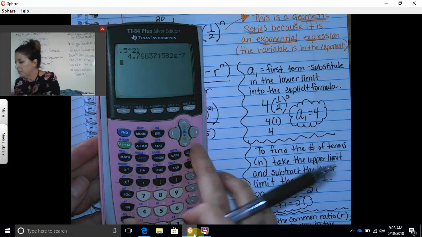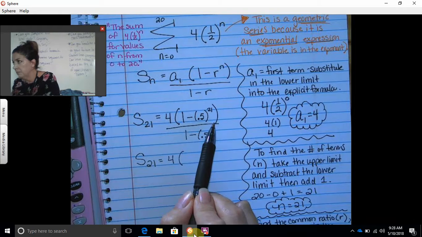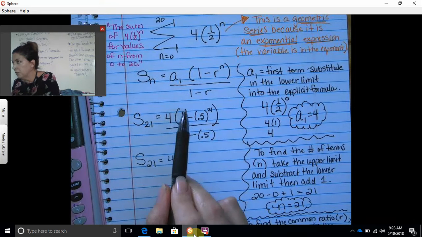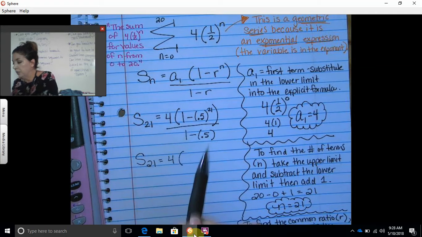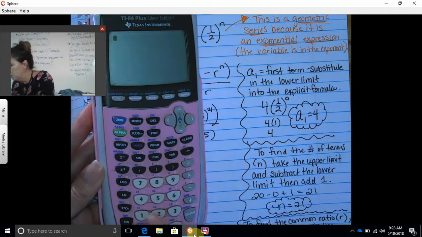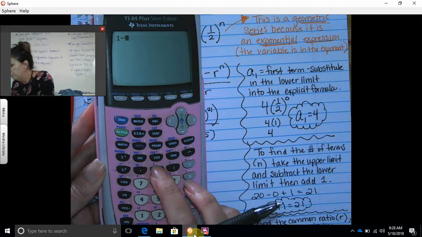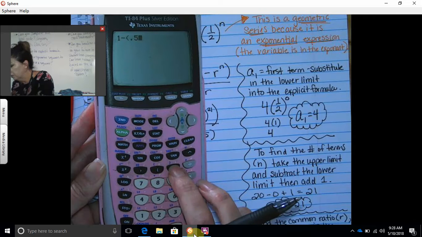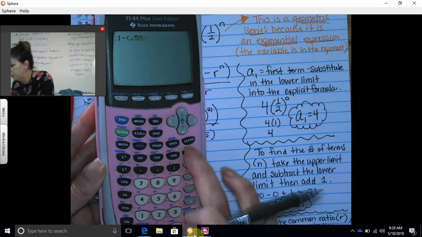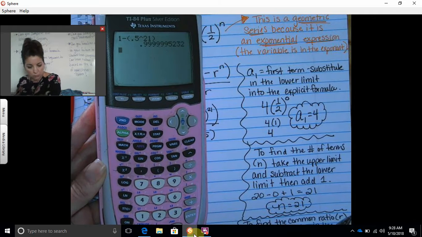But what I might want to do is I might just want to try to put this all in my calculator at the same time. Not the 4 times, because I don't want to get too crazy, but 1 minus 0.5 raised to the 21. Let me try that and see what I get. 1 minus, I'm going to do parentheses, although I don't think I need to. 0.5 raised to the 21st power. And that's what I got when I did it before.